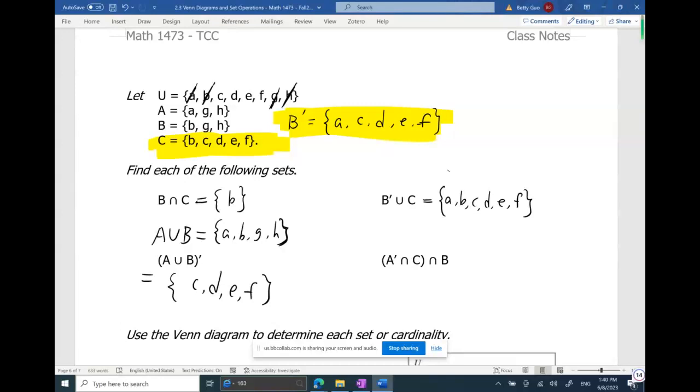Simply remove the elements in A union B from the universal set.